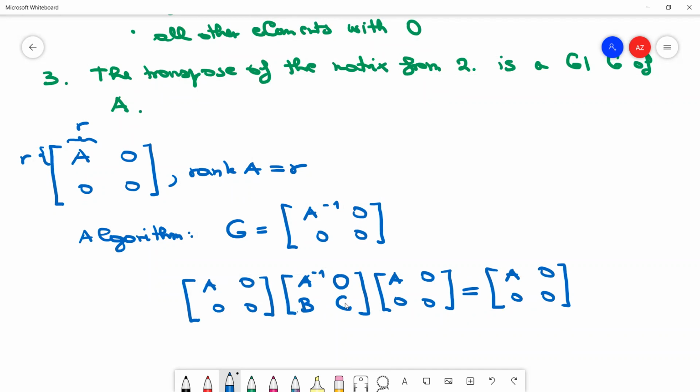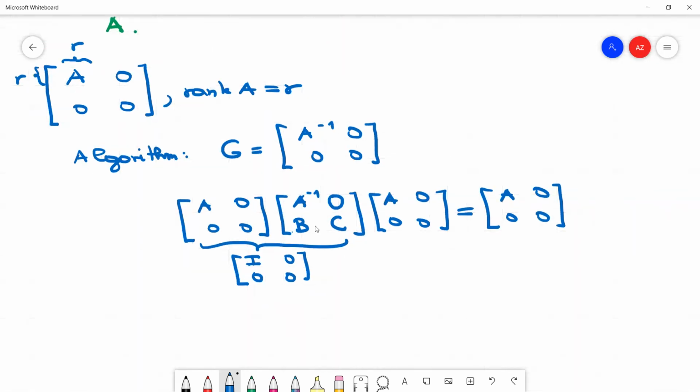But this B and C immediately vanish already at the first computation. So multiplying these two matrices, we get identity, 0, 0, 0, no matter what B and C are. So there are many generalized inverses. B and C are arbitrary in this case. But there are also other ways to see that the generalized inverse is non-unique.